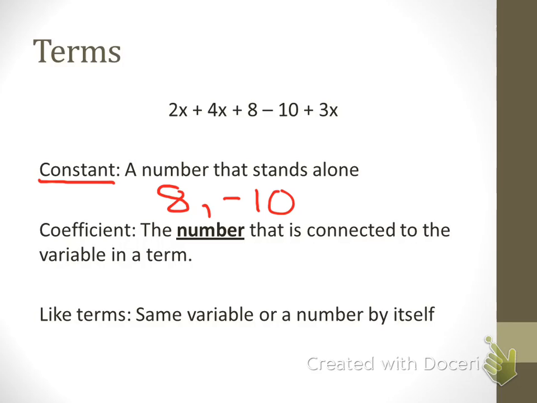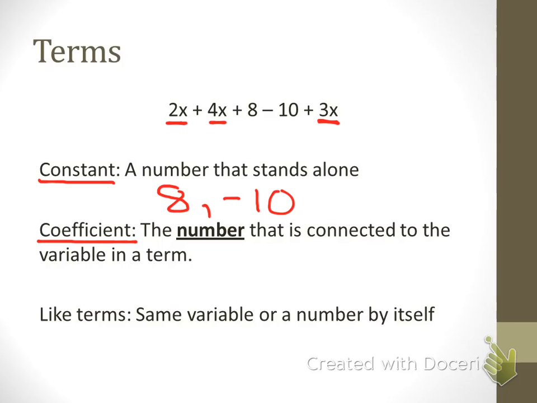Now, the second definition that you need to know is a coefficient. A coefficient is the number that is connected to a variable in a term. Now, notice I didn't say it's the number and the variable together. So now I look at the terms that have a variable.